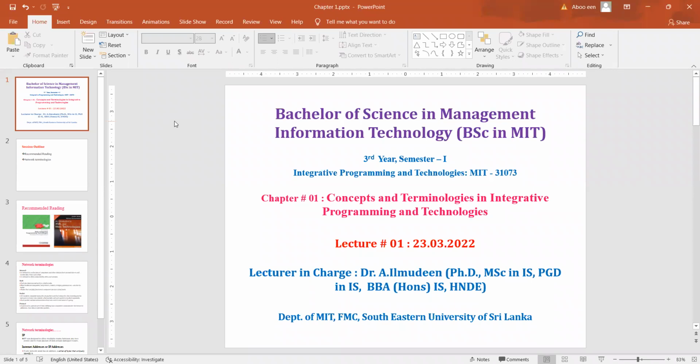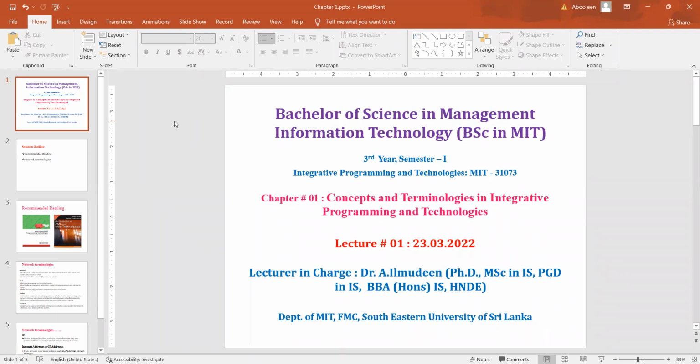Okay, we can define a network as a collection of connected devices, connected equipment, connected computers and various connected devices. The ultimate purpose of this network is to share data and information and for communication.